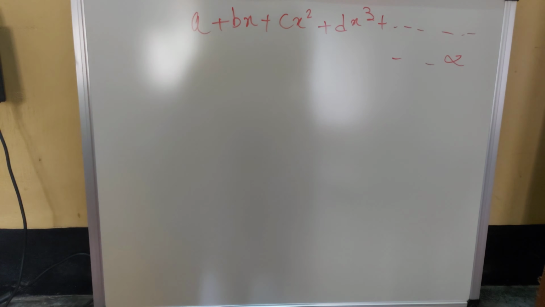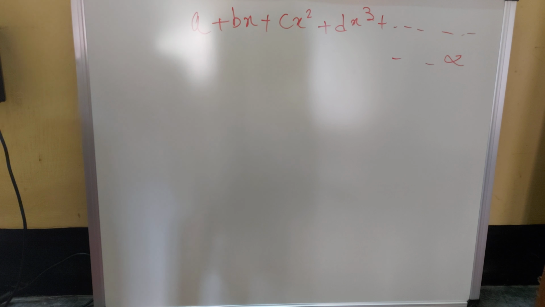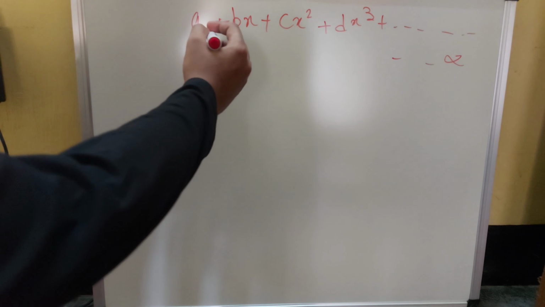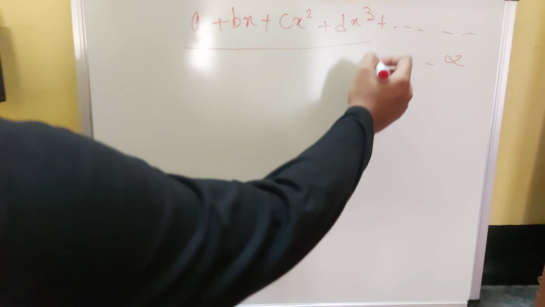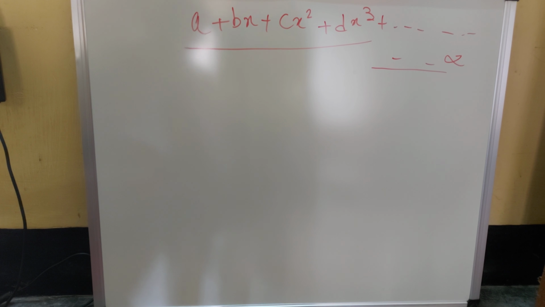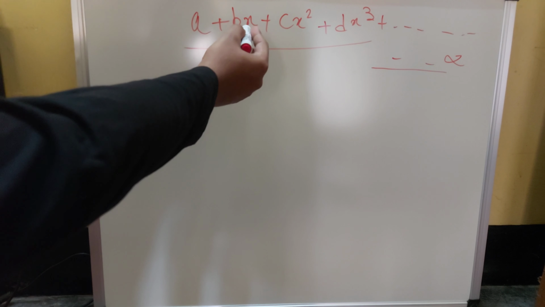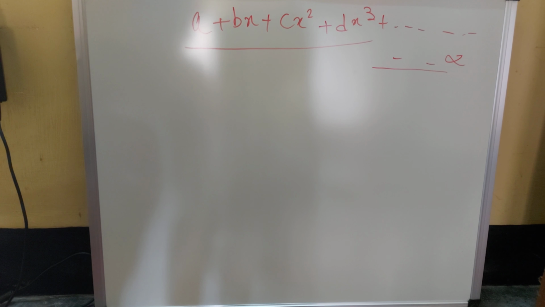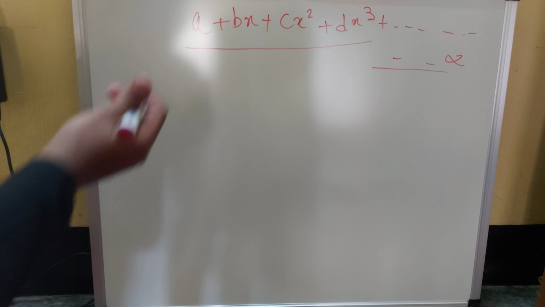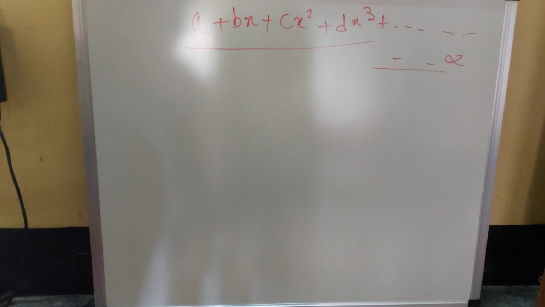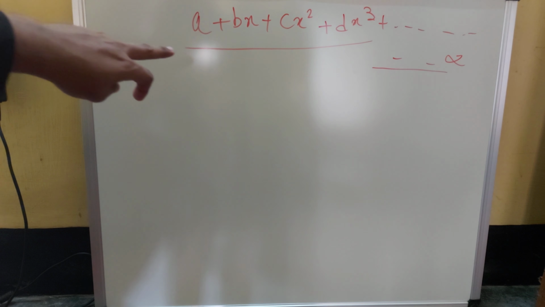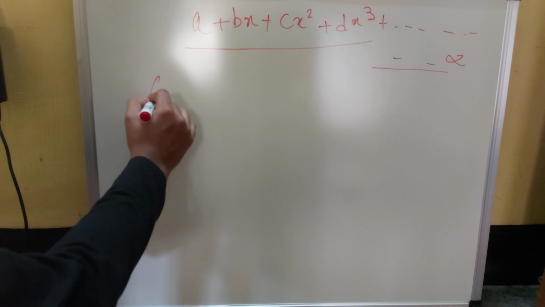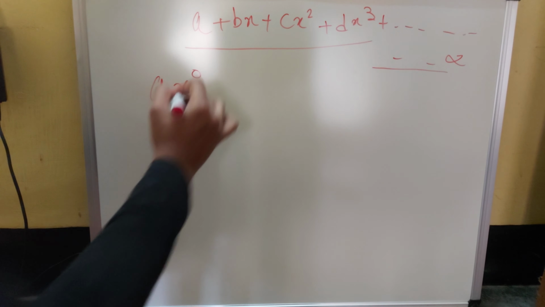Now it's clear. Now, what is common in all these expressions? If you see very carefully, in each term the power of x is different. In the first case it was x to the power 0. It's written as a, but can we write a as ax to the power 0?